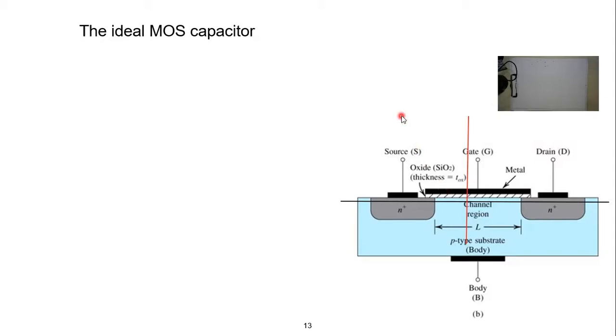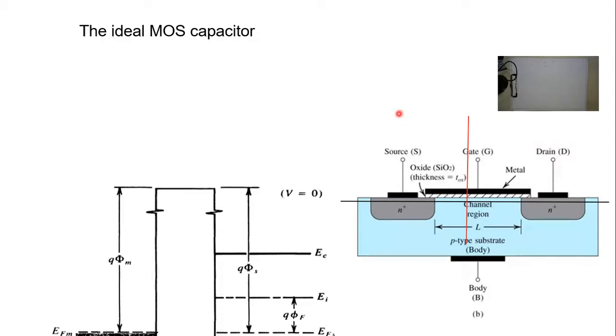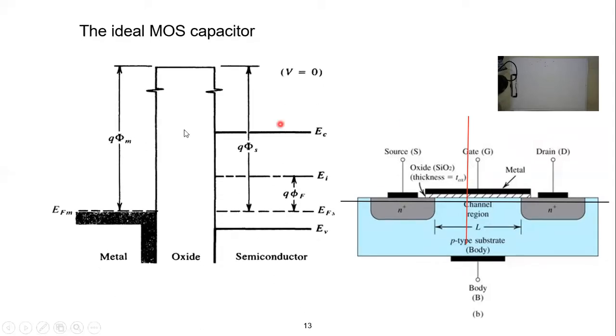So this is the first energy band diagram. Let's start with the left hand side. The right hand side should be familiar from our perspective. So this is now under thermodynamic equilibrium. As you can see, this blue region, or more toward the green, is a p-type.